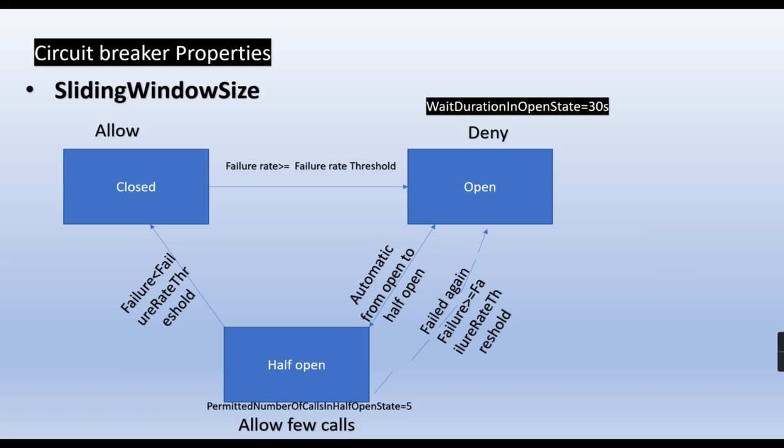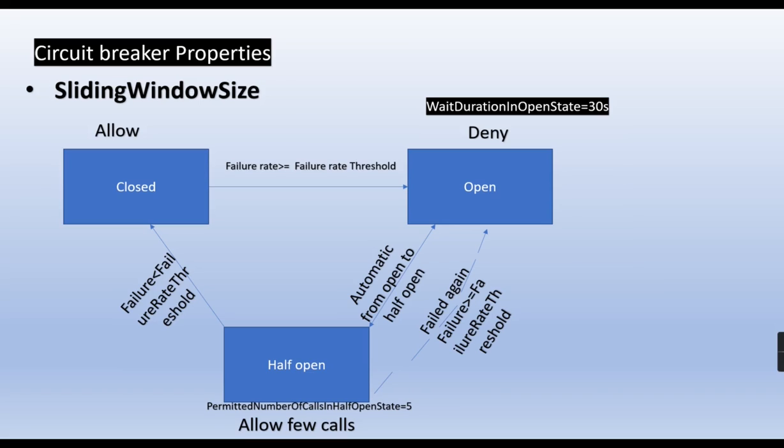Setting these properties is in our own design. As per the requirement, we can design the properties. And the wait duration in open state: open should not be allowed for a longer time. For that we also need to set the wait duration in open state to 30 seconds.